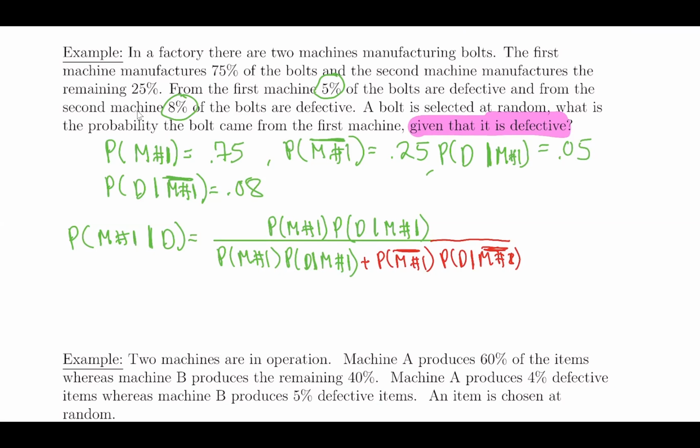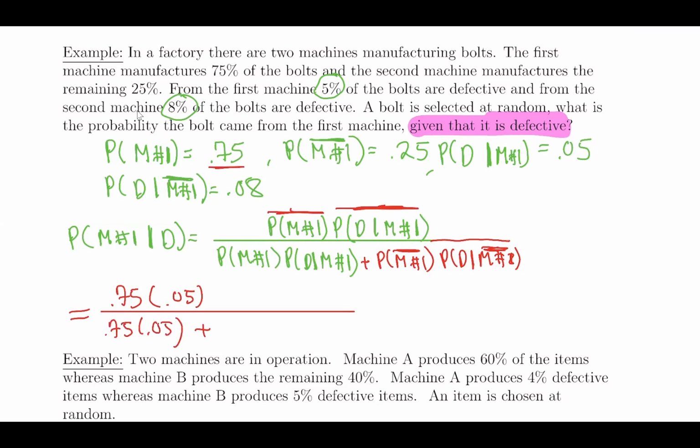Okay, so I'm just going to start entering values. For this value right here, you put 0.75. For this value right here, that's going to be 0.05. Then on the bottom, you're going to put this all over again.